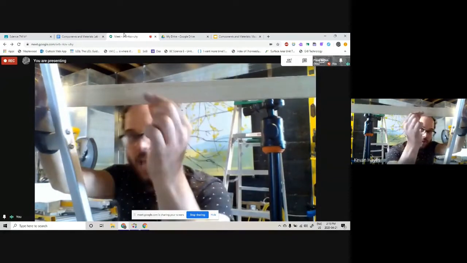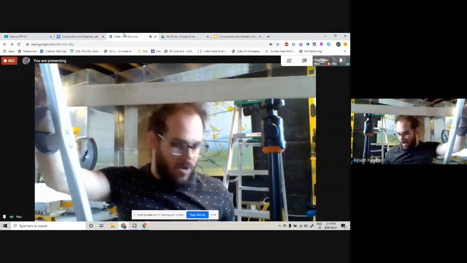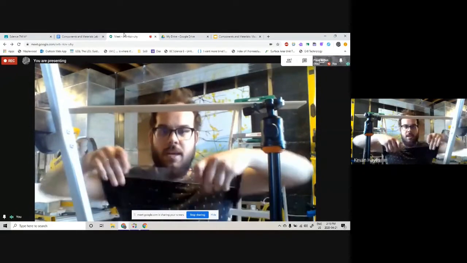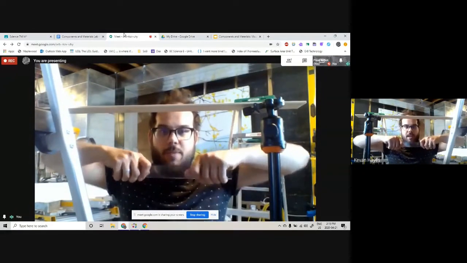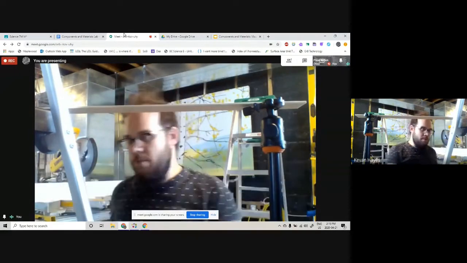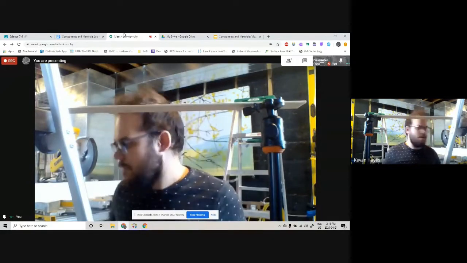So if you pull down on the middle of this, it doesn't really move. It's quite sturdy. And if you play with a ruler as well, it's the same thing. You can't really bend a ruler this way, but you can bend it this way very easily. And that has to do with what's happening inside of this beam.